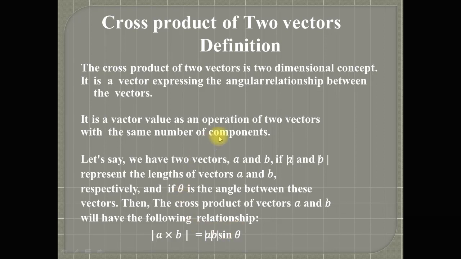So dear students, note that the cross product or vector product of two vectors gives a result in vector form, except for the magnitude of A cross B.